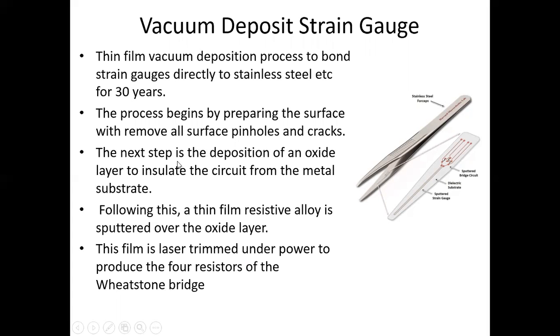The next step is the deposition of an oxide layer to insulate the circuit from the metal substrate. Following this, a thin film resistive alloy is sputtered over the oxide layer. This film is laser trimmed under power to produce the 4 resistors of the Wheatstone bridge.